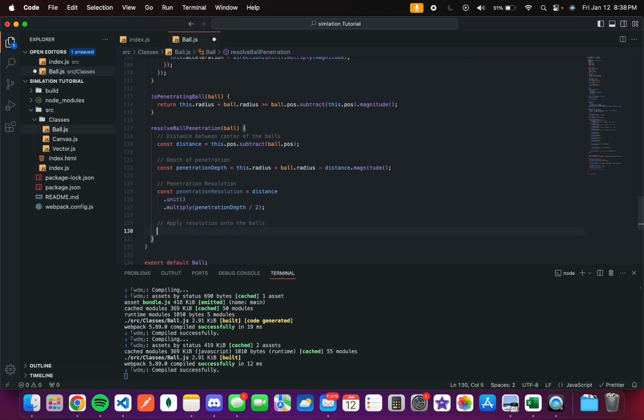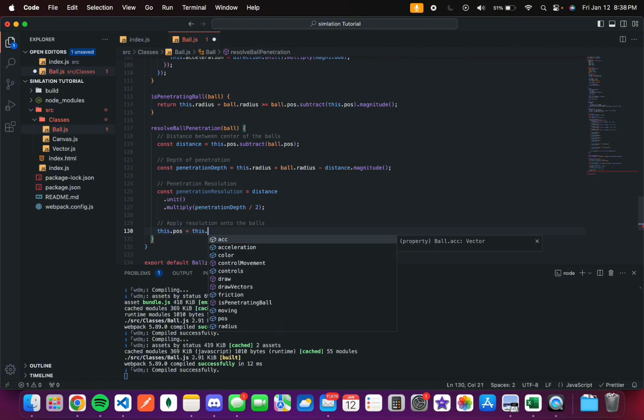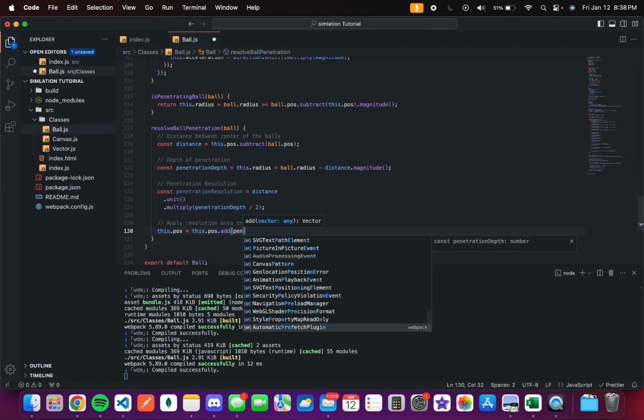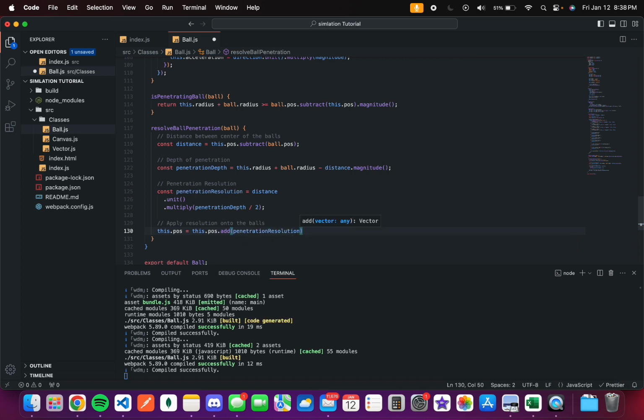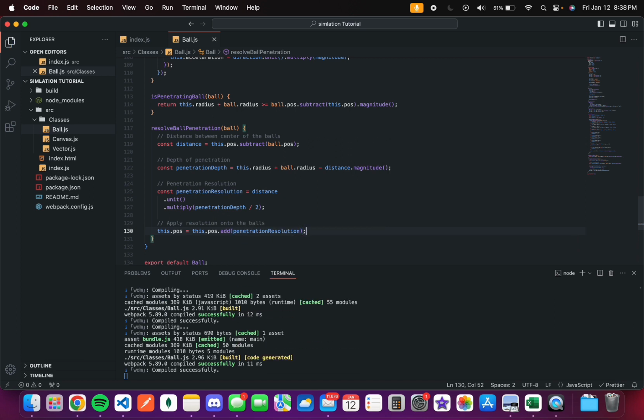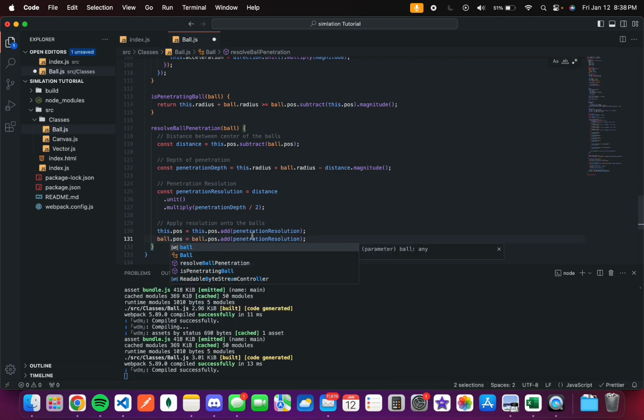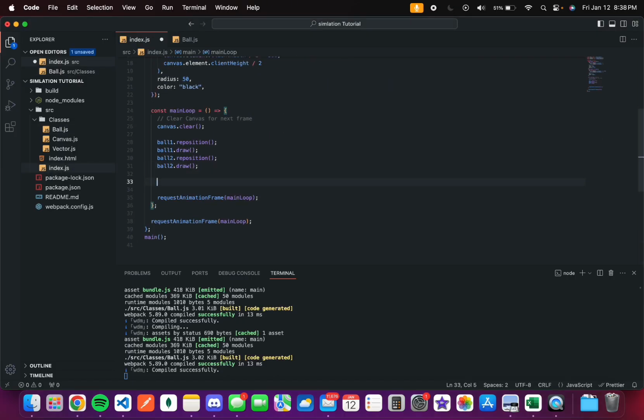Then we apply this resolution onto the balls. And this one will have a negative value because it's going in the opposite direction. So now let's add it to the balls.